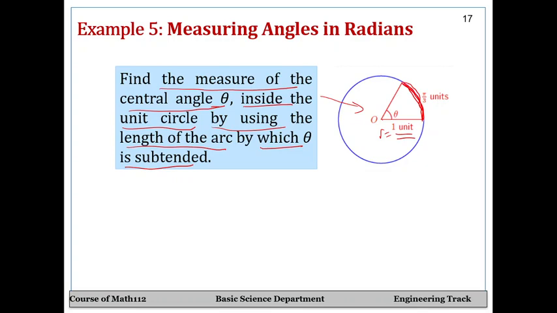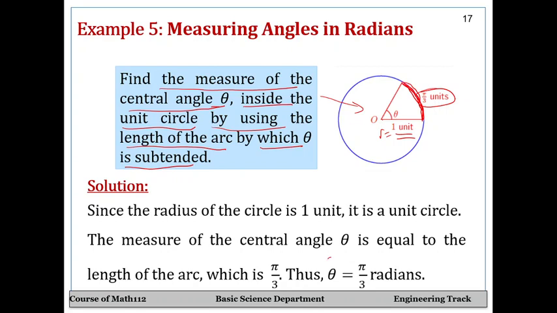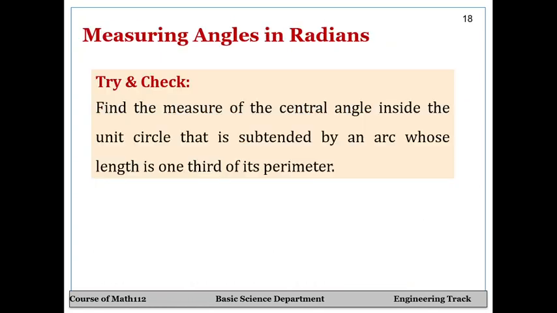So r is equal to 1, it's given here. Then theta is automatically what? Theta is equal to the length of the arc. So theta is automatically pi over 3, because theta is equal to the length of the arc when r is equal to 1.